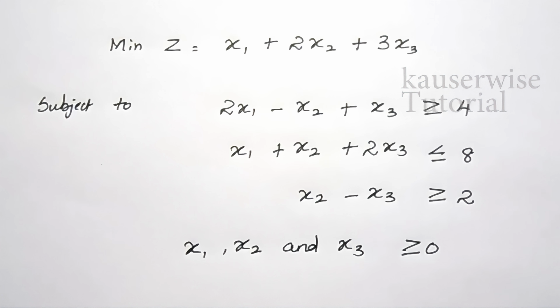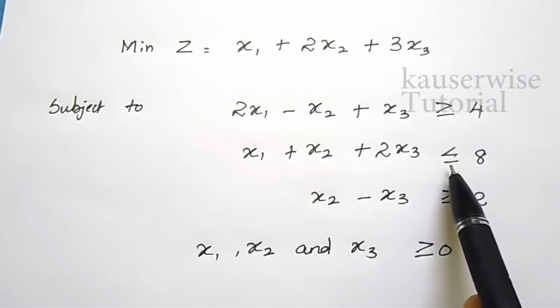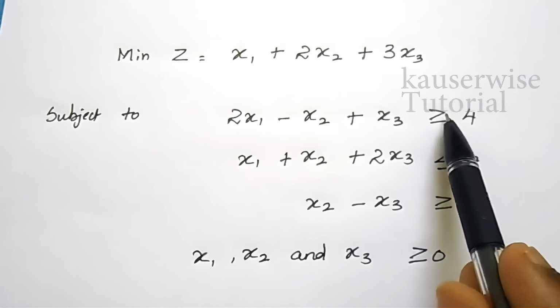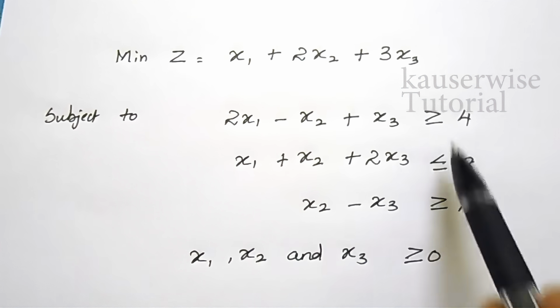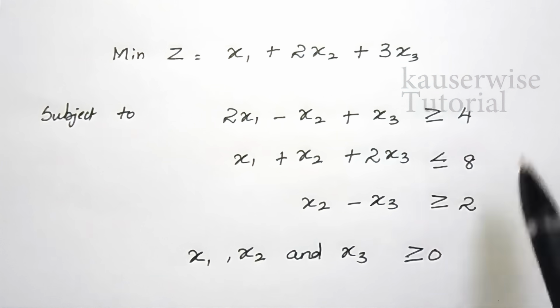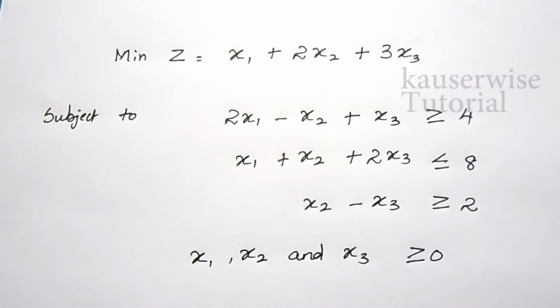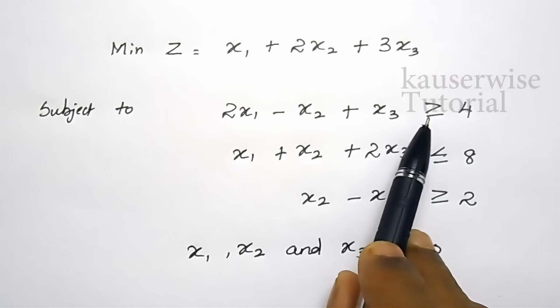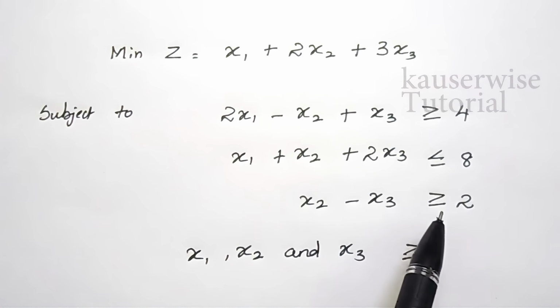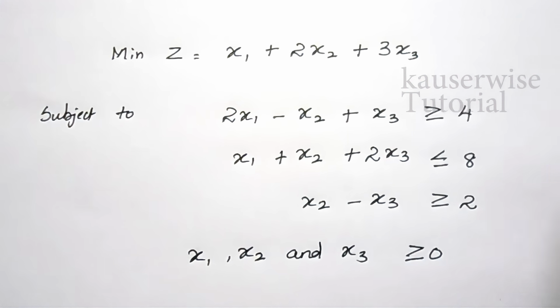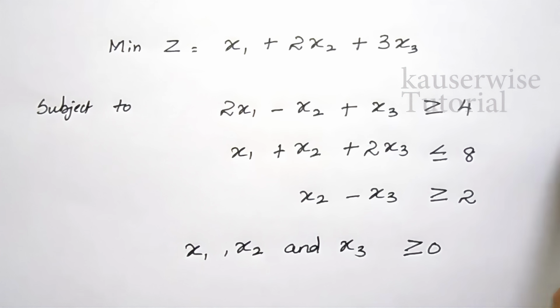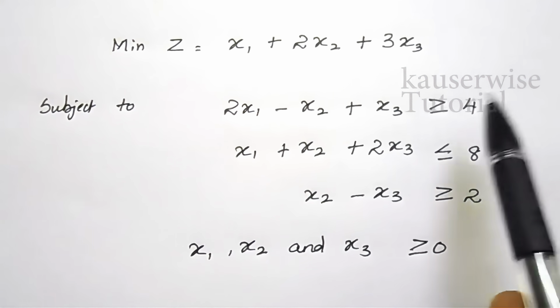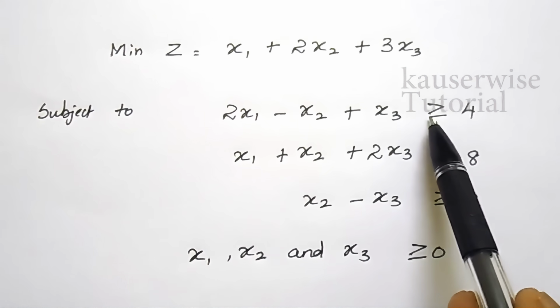For minimization problem, we need to have only less than or equal to type. But here we have greater than or equal to in two constraints, the first constraint and third constraint. The first step is just convert the greater than or equal to into less than or equal to wherever it is required. So in this problem, we have to convert the first constraint as well as third constraint, because both have greater than or equal to.